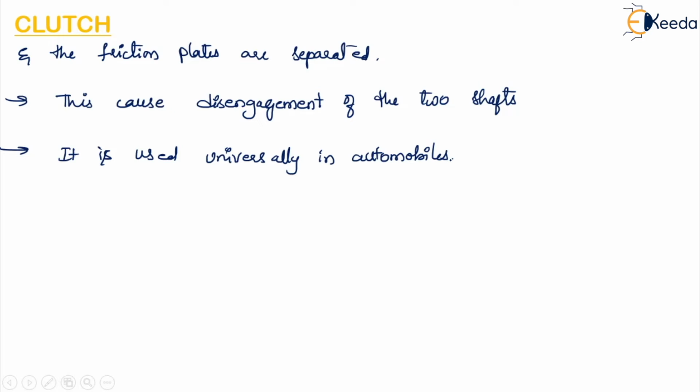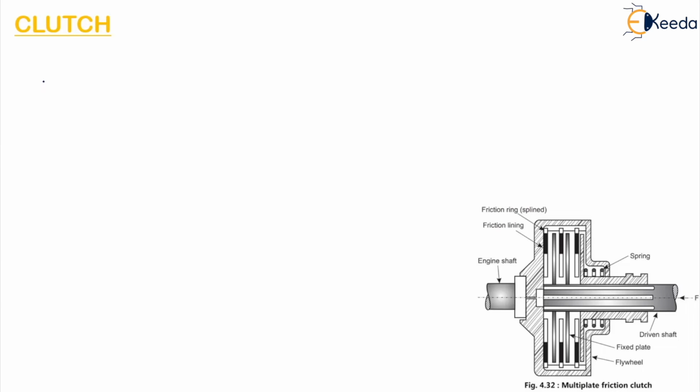So this is about the single plate clutch. We have discussed the single plate friction clutch. Now we will discuss the multiple or multi-plate clutch. The configuration of this multi-plate clutch is shown in this figure. In this system, the number of plates used is more than 2, usually 4 to 6 plates.